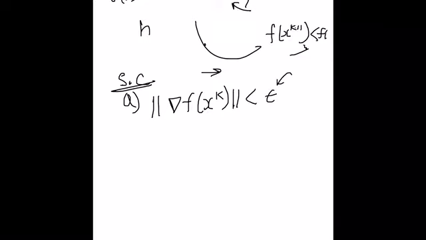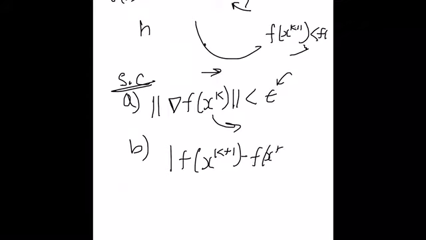If this is small, we say we are done, and we return x_k as the minimizer. Or we can check that the decrease in the value of the function is not enough. This tells us that we are close to the optimal value.